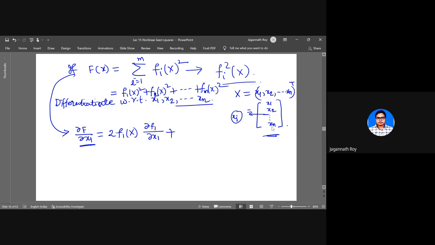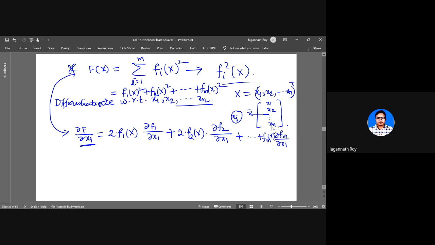Similarly, for this one, 2 times f2 of x. f2 will remain the same and another partial derivative with respect to x1, plus, in this way we will have fm, del of fm del x1. Okay.